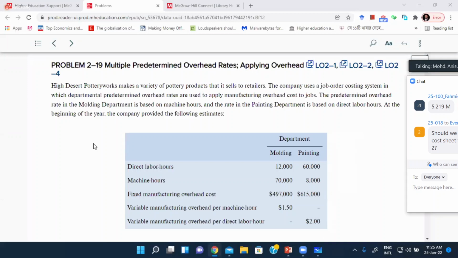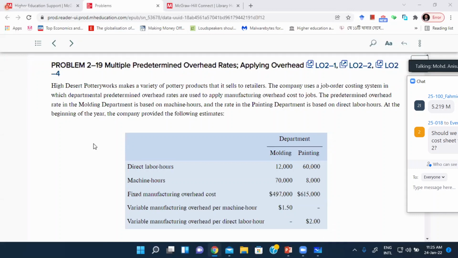Okay, problem 219, High Desert. Okay, the problem is about what? You probably can recall that we commonly use the job order costing and apply the overhead rate plant-wide. I mean, we include all activities, we include all departments in a single amount of cost.